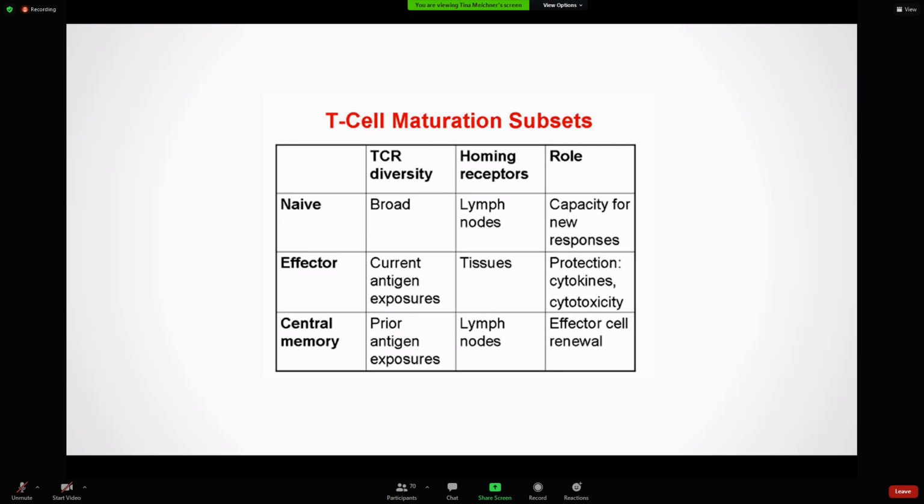Once that antigen is identified, they then develop further into effector T cells. So they're much more antigen specific, and they may reside in tissues, and they may produce certain cytokines that protect against the antigen or fight the antigen, or they may kill an infected cell directly if they're cytotoxic T cells. So these are our effector cells.